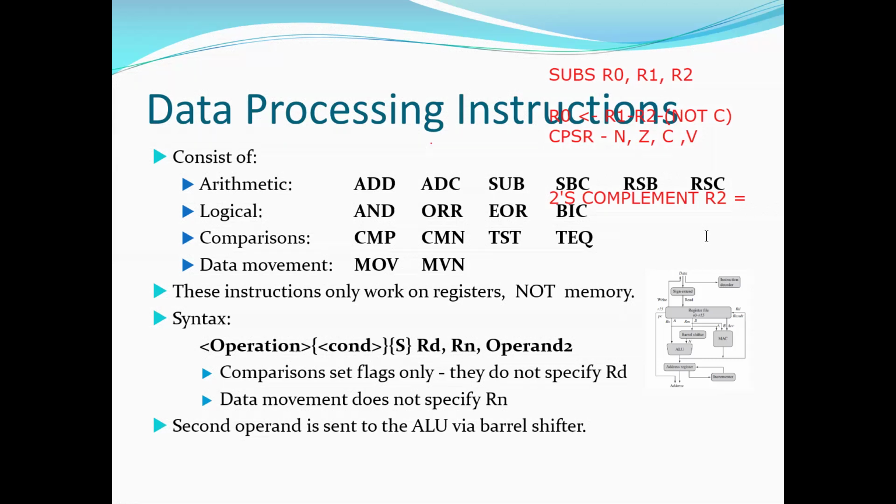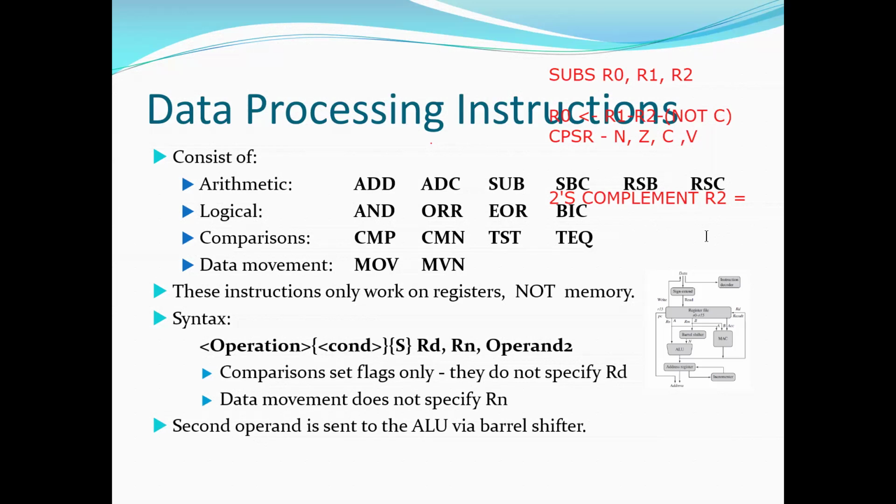If I am not getting a carry, it is considered that the result is negative. So if carry is 0, the result is negative. The result is negative only when my first number is lesser than the second number, which means to perform the subtraction I need a borrow.